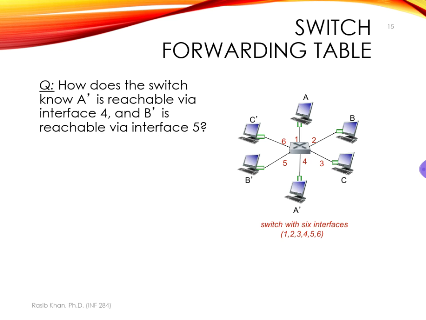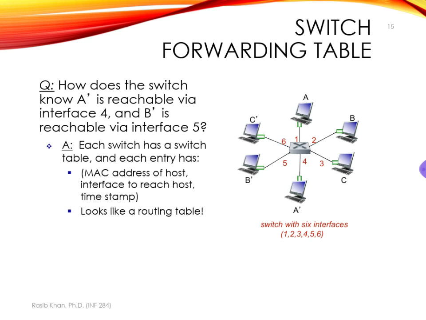In the process of this transmission, how does the switch know that A prime is reachable through interface 4 and B prime is reachable through interface 5? The process by which it figures this out is called learning, and the eventual result is what we call a forwarding table.